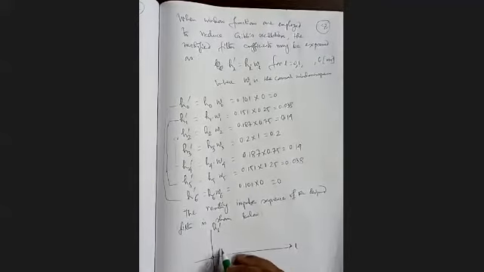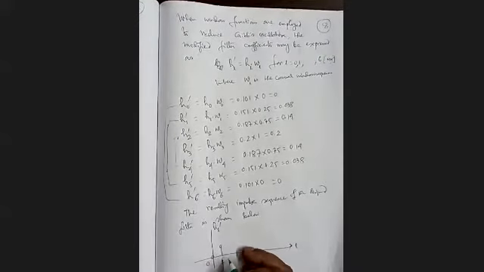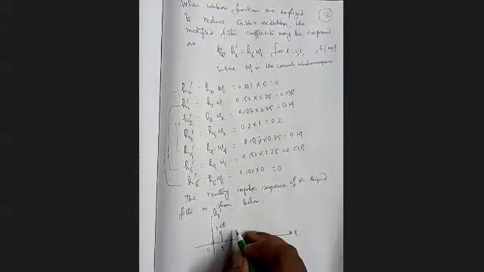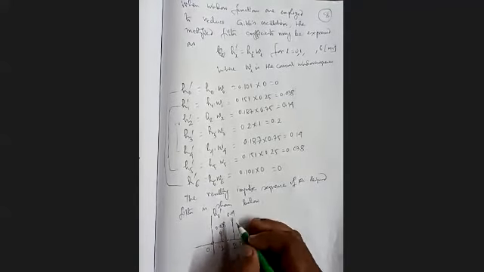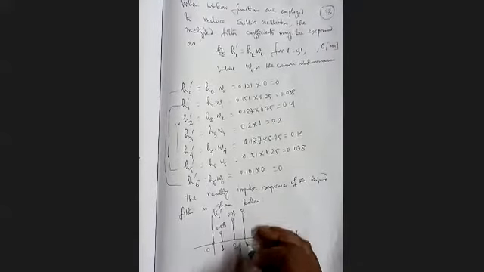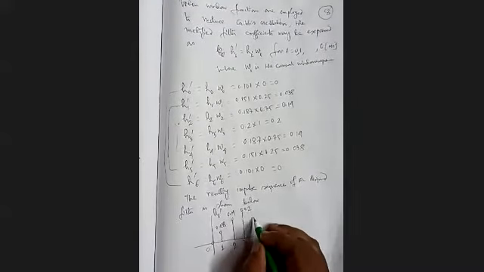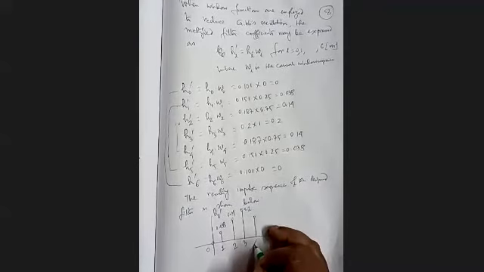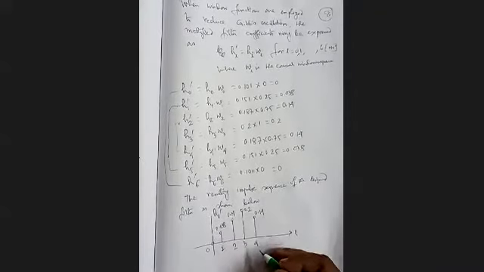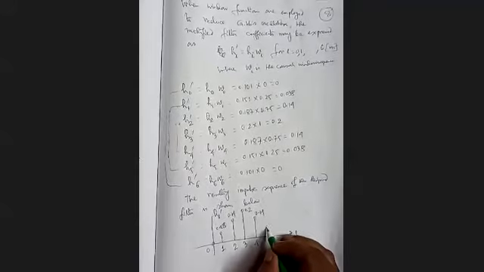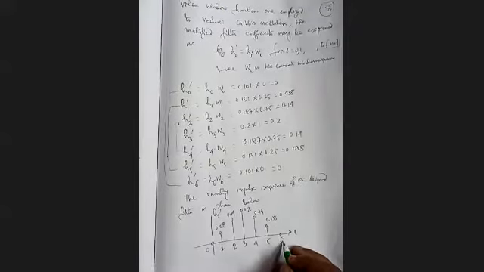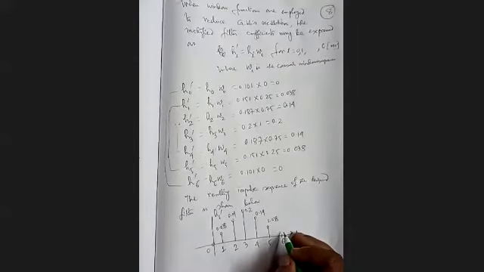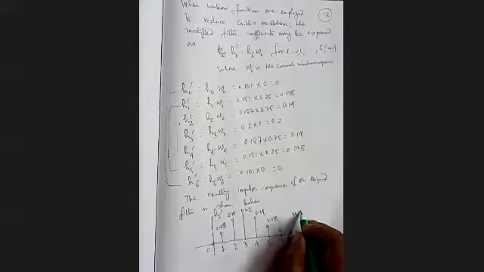So it is 0.038, then 0.14, 0.2, 0.14, 0.038, and finally 0. M equal to 7.